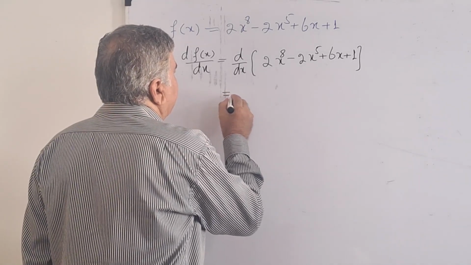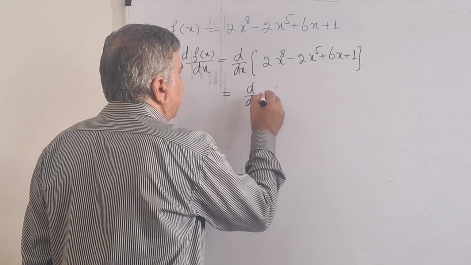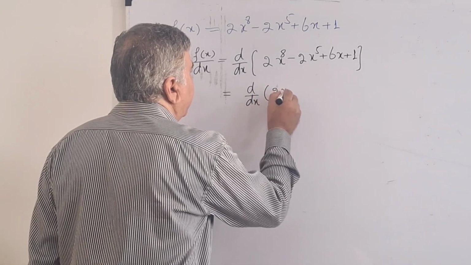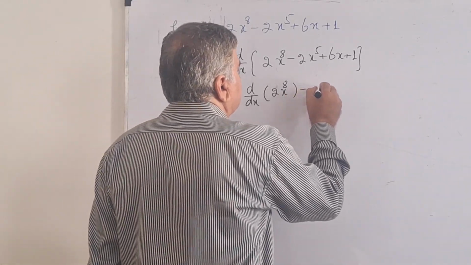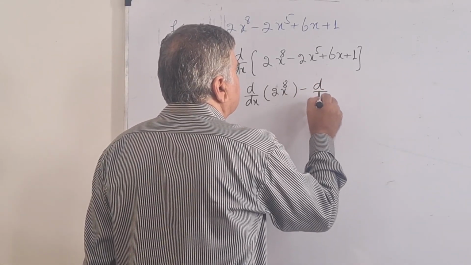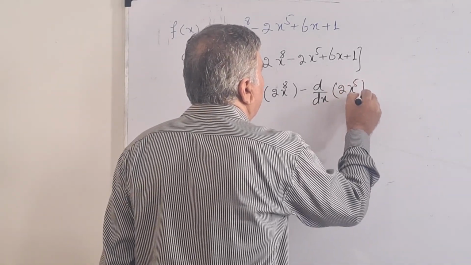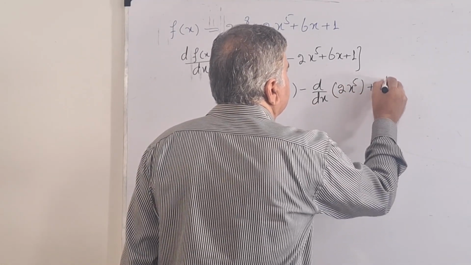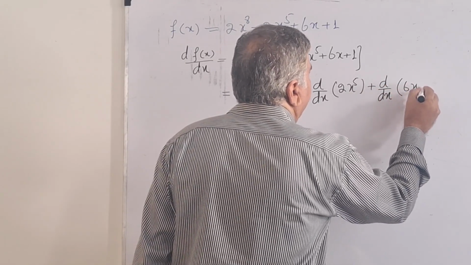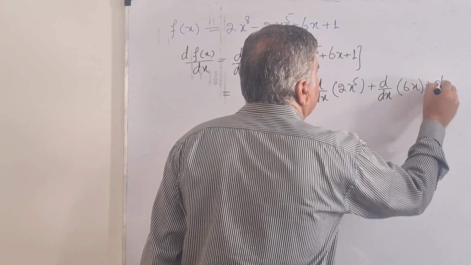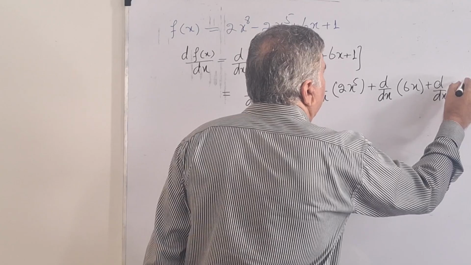So that means I can write this in the form d over dx of 2x^8 minus d over dx of 2x^5 plus d over dx of 6x plus d over dx of 1.